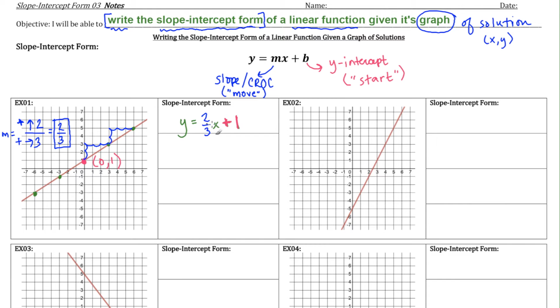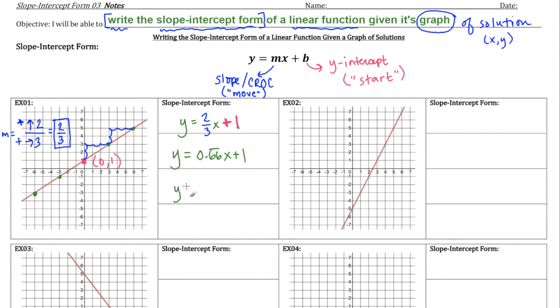Now let's show this in a different way. So I'm just going to write this all in green. I can also write this as y equals 0.66 repeating x plus 1. Remember that I can move this plus 1, or this positive 1, to the front.